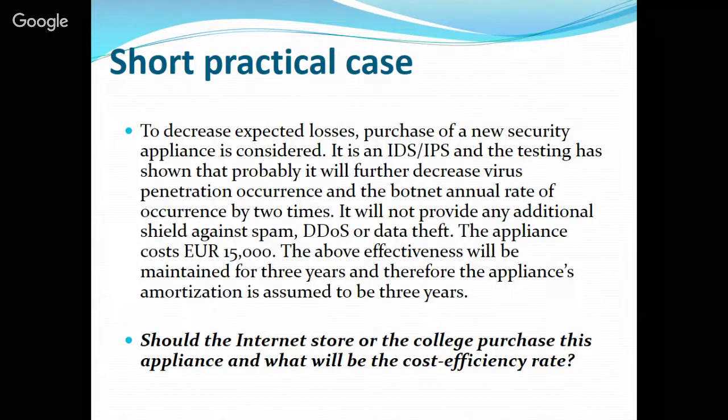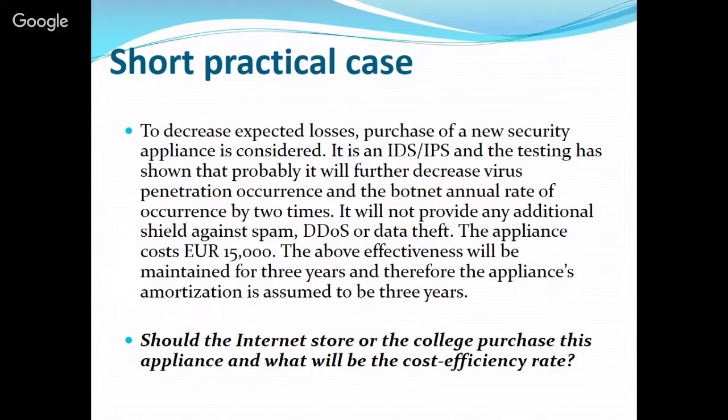It will not provide any additional shield against spam, DDoS, or data theft. The appliance costs 15,000 euros, the above effectiveness will be maintained for 3 years, and therefore the appliance amortization is assumed to be 3 years.